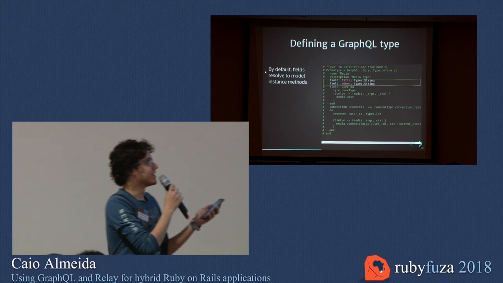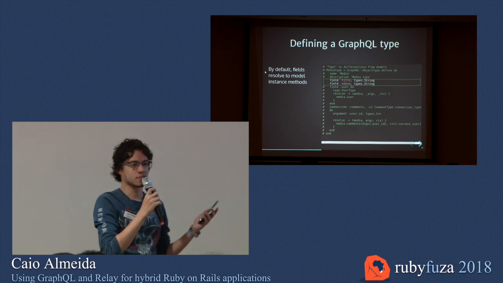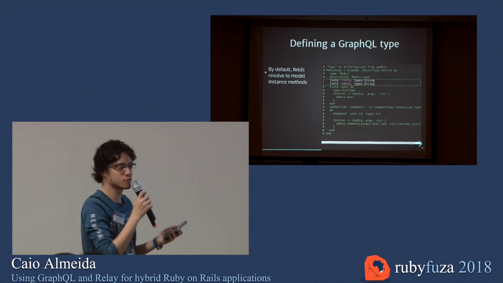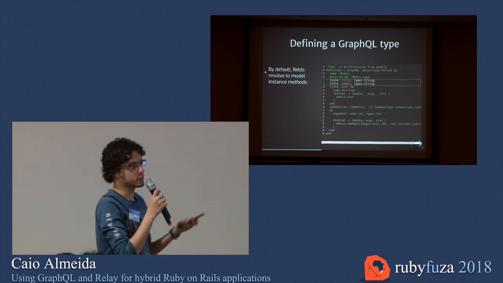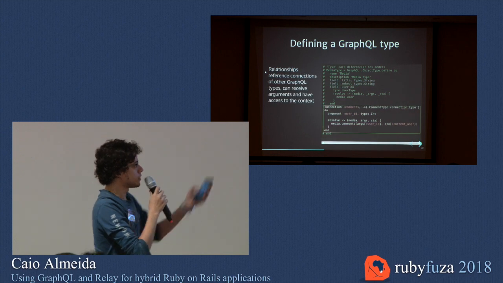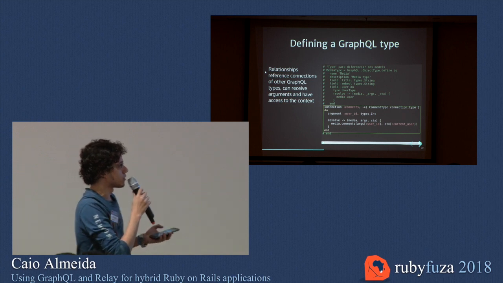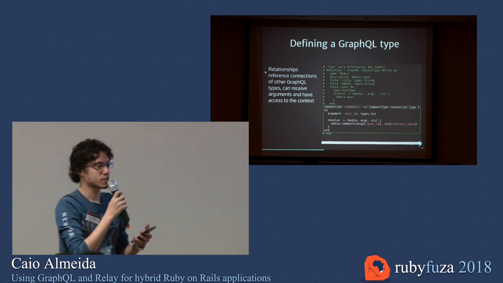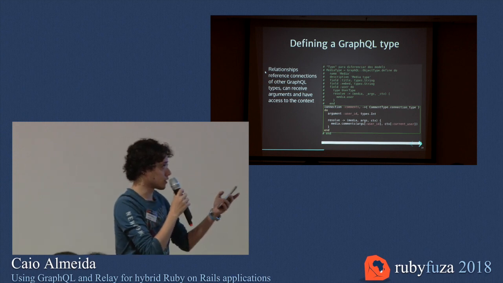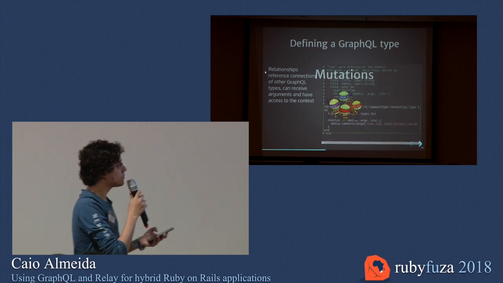So you can just leave it as is, and Rails is going to look for that method defined in your model. So for field title, it's going to look for an attribute or method title for that model. Or you can be brave enough to implement your own block. And for collections, so for things that you expect to return more than one value, implement a connection, which can receive arguments, which are just parameters and such.